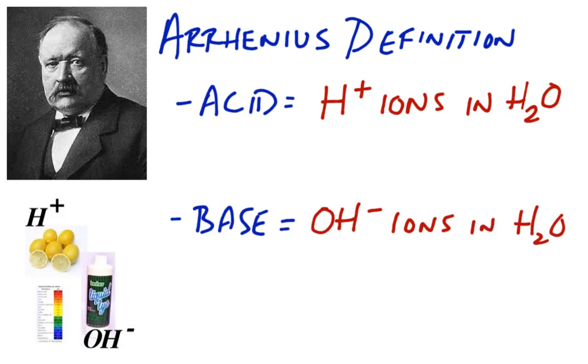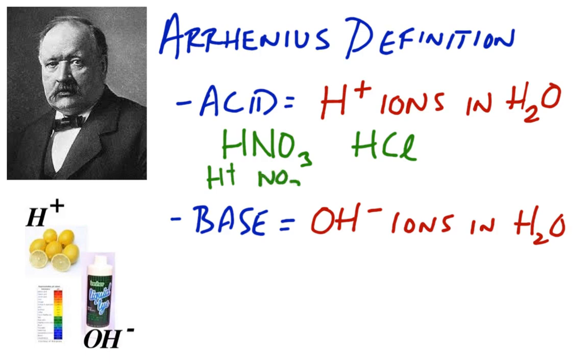So an example of an acid would be something that has H on the front, like this one here, nitric acid, or like this one here, hydrochloric acid. Both of these would spread out in water and produce an H plus ion and an anion.